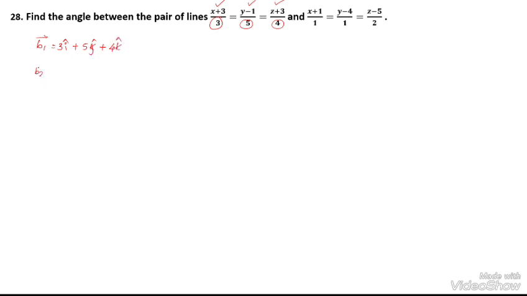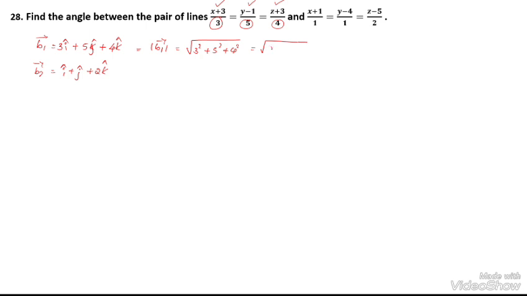Again B2, the second line. This is the first line. I will take the second line, that is i cap plus j cap plus 2k cap. Now, the magnitude of B1 is root of 3 square plus 5 square plus 4 square.